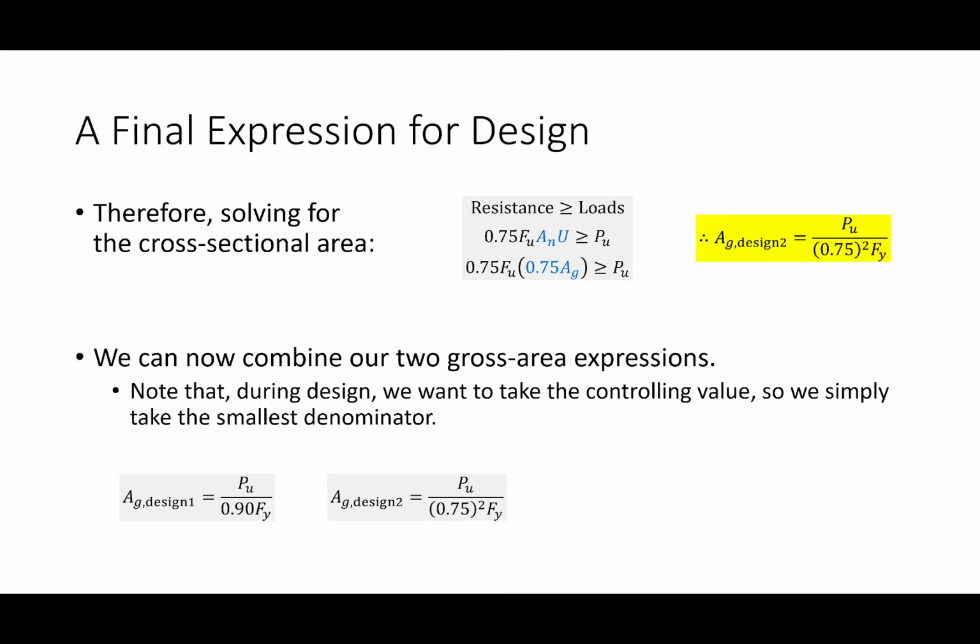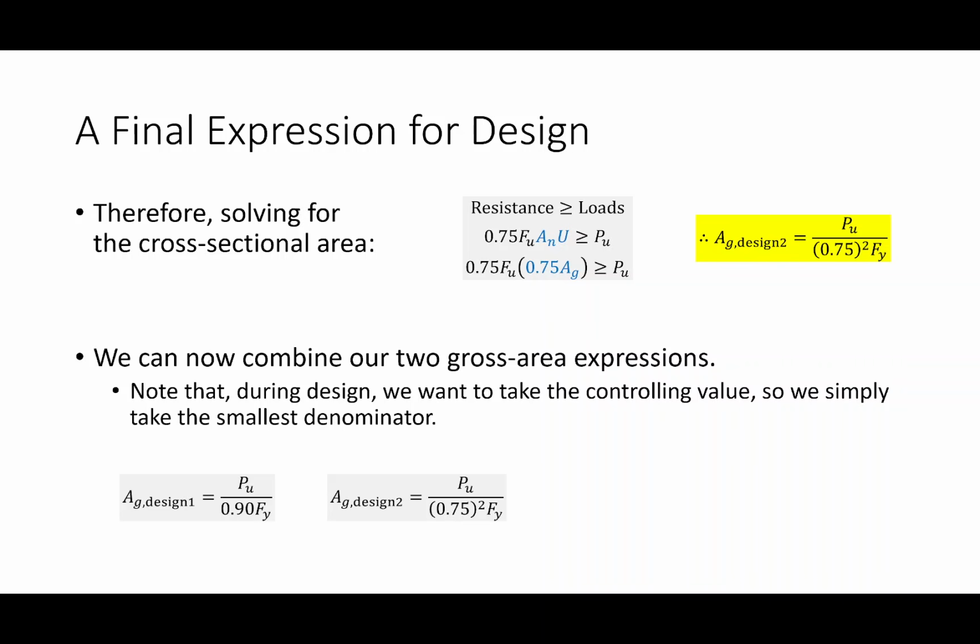Well, let me ask it this way. Let's say according to gross section yielding, you need 9 square inches. According to net section fracture, you need 10 square inches. Are you going to pick a member that has 9.5 square inches? No, you're going to pick a member based on the bigger of these two, right?